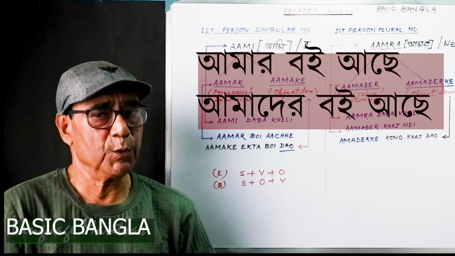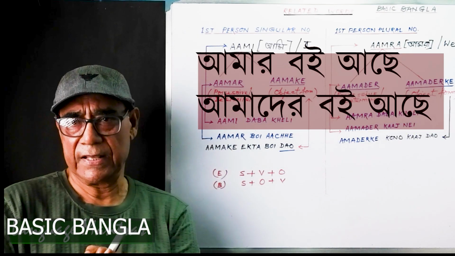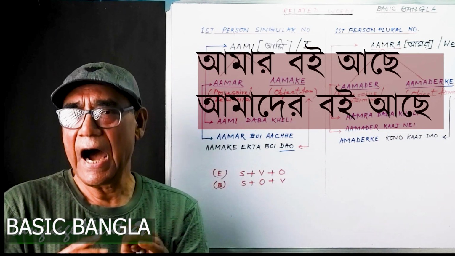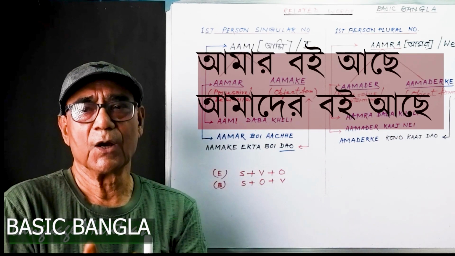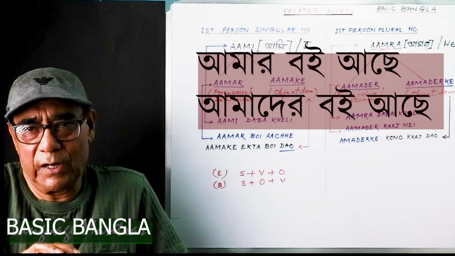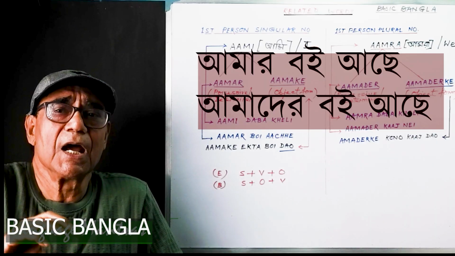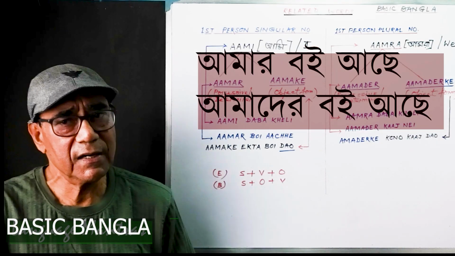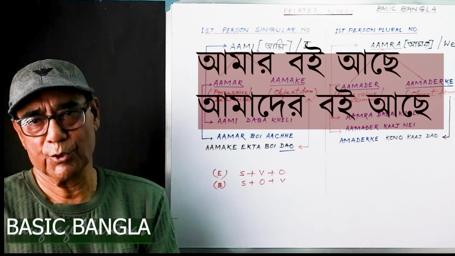So we use first person singular number as the subject, and again here first person plural number as the subject. I have books. We have books. But we say in Bengali, in terms of English, my have books, our have books, that is Aamar boi ache, Aamader boi ache.